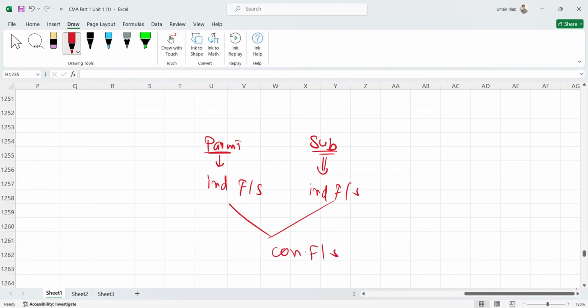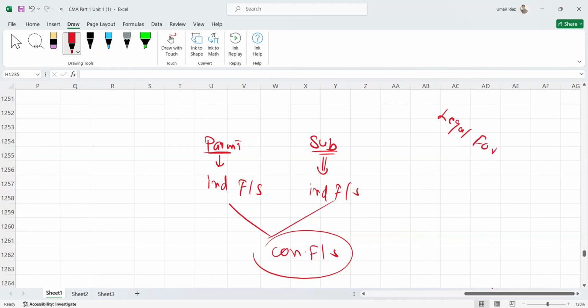Understood? And why do we prepare consolidated financial statements? The reason is that there are two types of concept. One is called legal concept. Second is called economic substance concept, also called substance over form.